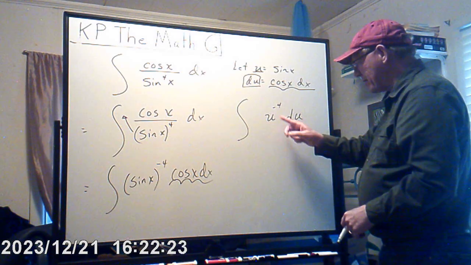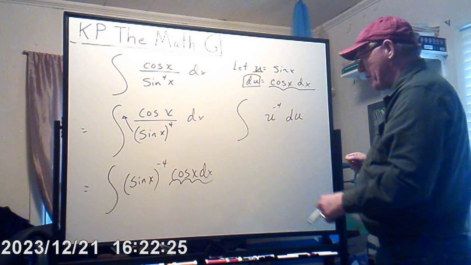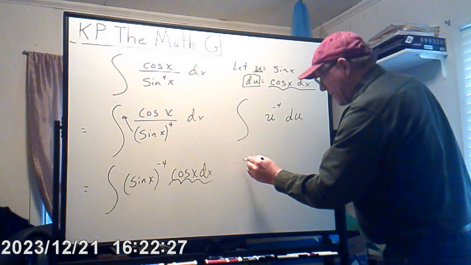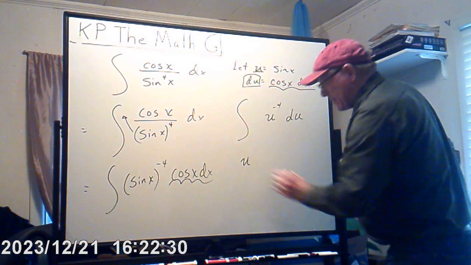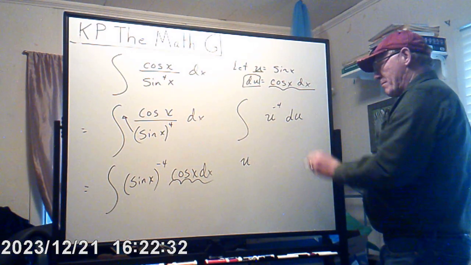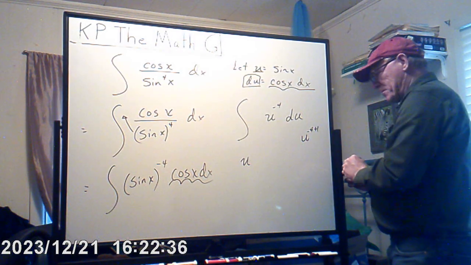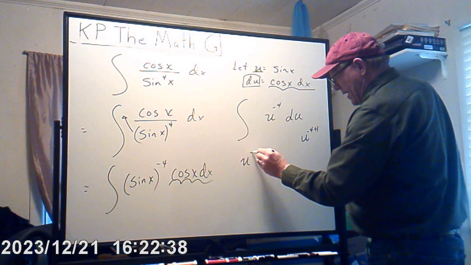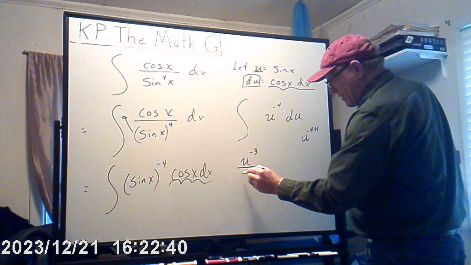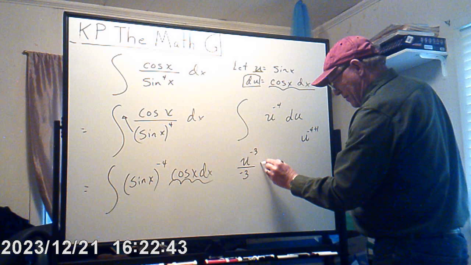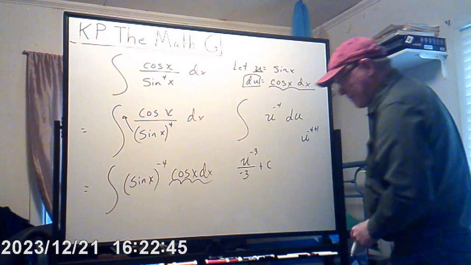Remember that when we took the antiderivative, instead of subtracting 1, we add 1. So now this is negative 3 over negative 3 plus c.